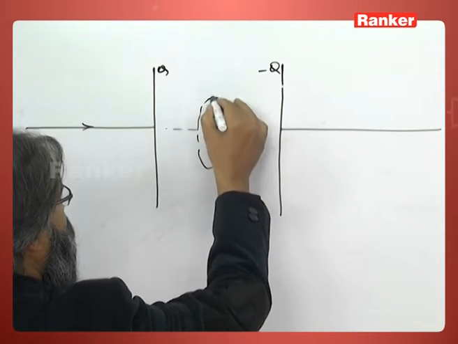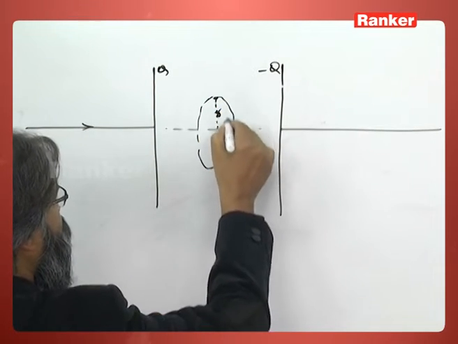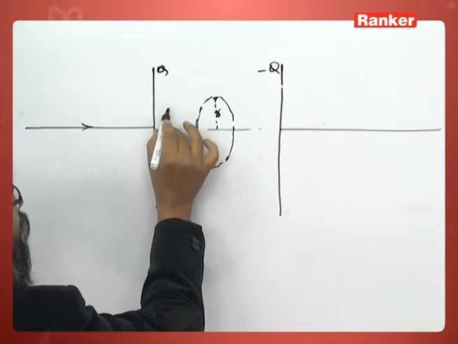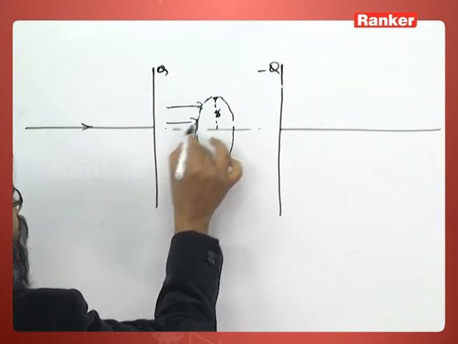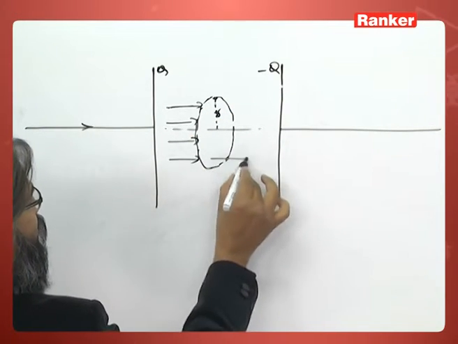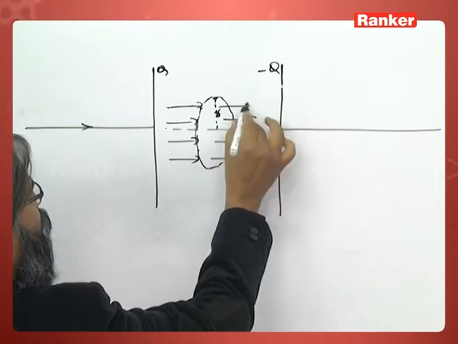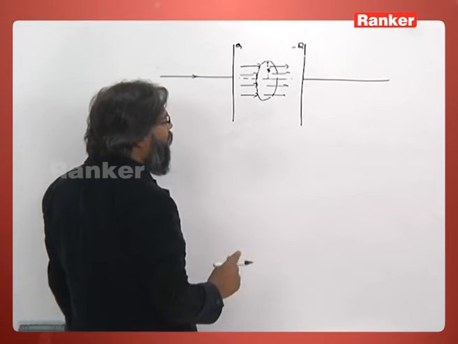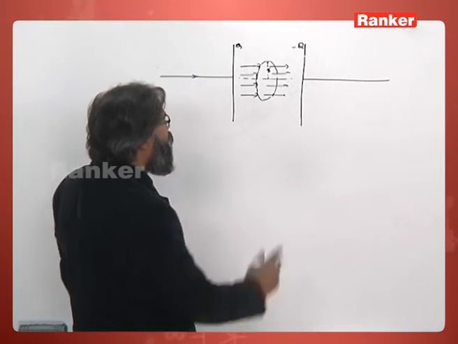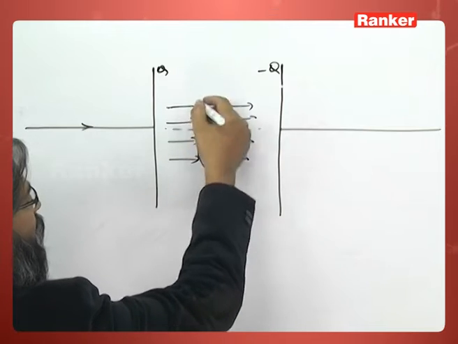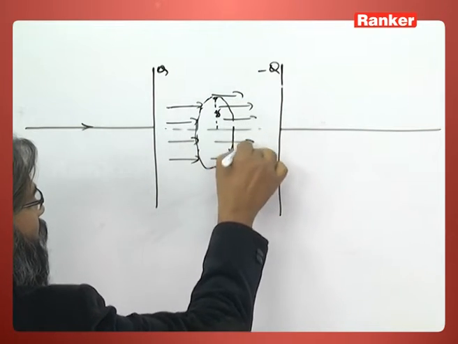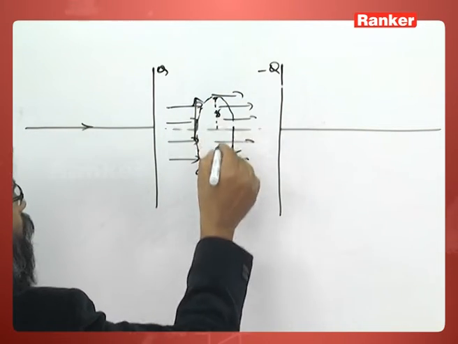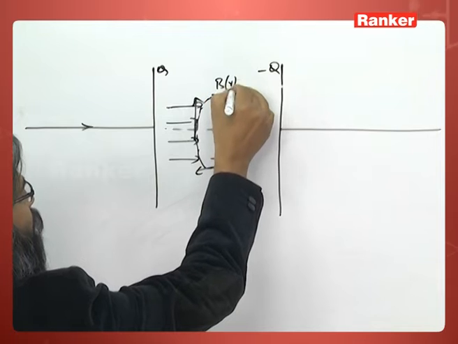So, I have taken an Amperian loop. Electric fields cross this boundary. This is R, and we will calculate what is B, maybe in this direction or that direction. Suppose I say it is B like this. So, we are interested in B as a function of R.